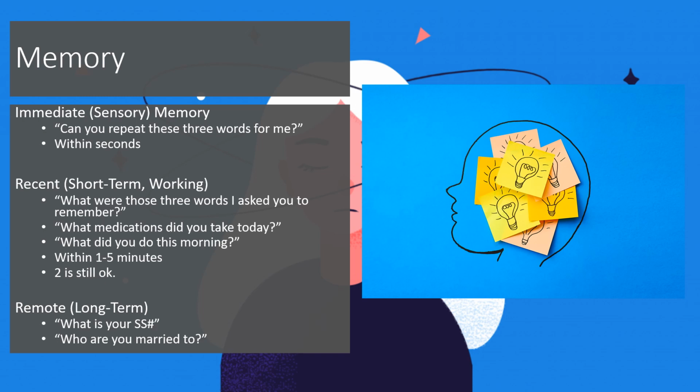Recent, short-term, or working memory: now you can turn that question around and say, okay, jungle, lamp, cherry, I've told you those 3 words, you said them back to me, and I'm going to ask you what they are in a few minutes. Now that patient has to sit there with those words while you're asking them other questions.